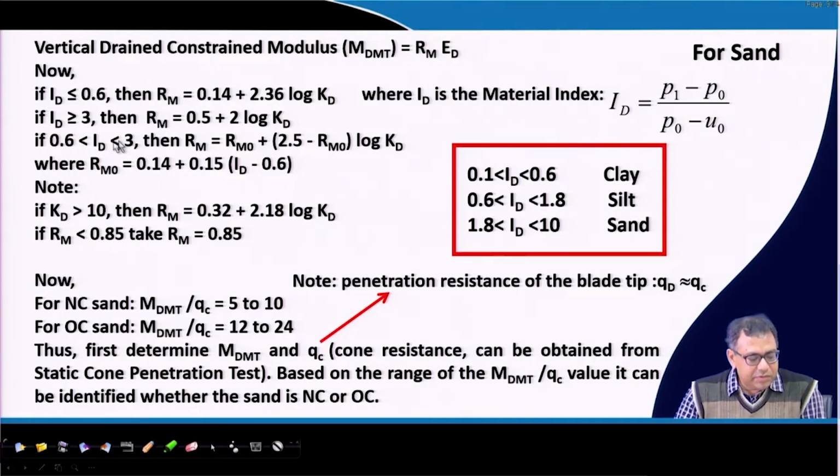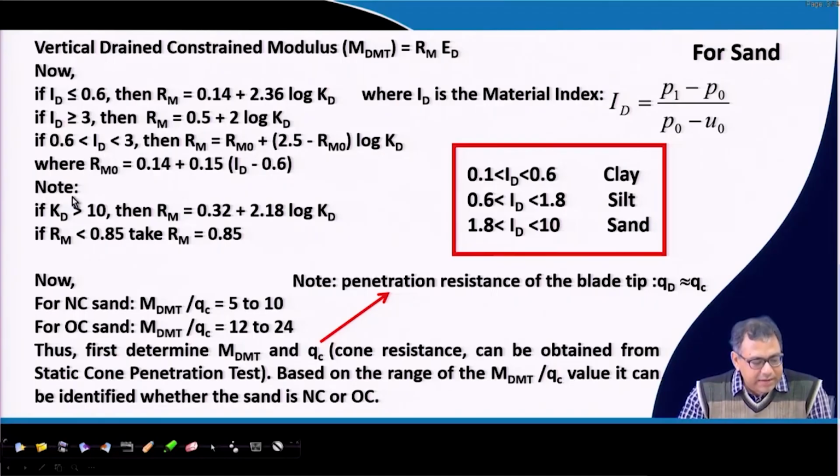If ID is between 0.6 and 3, then RM will be obtained by using this expression. Here, what is RM0? RM0 can be obtained by using this expression. Now I can obtain the RM for clay, silt and sand, depending upon the ID value.